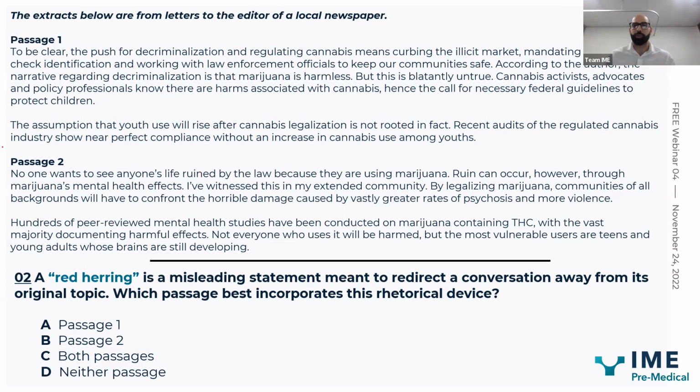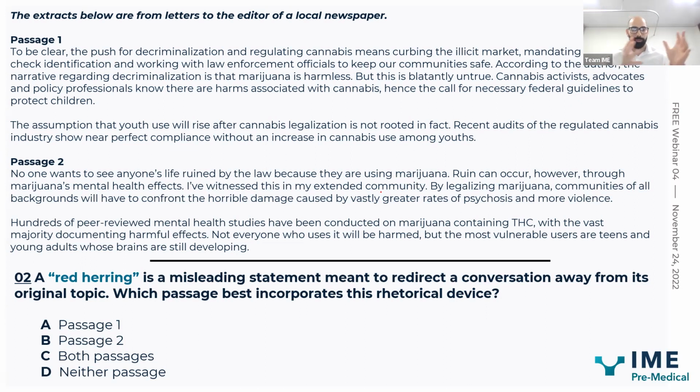If you look at passage 2, it says no one wants to see anyone's life ruined by the law because they're using marijuana. So they're talking about the law of marijuana, and all of a sudden now they move into ruin can occur, however, through marijuana's mental health effects.